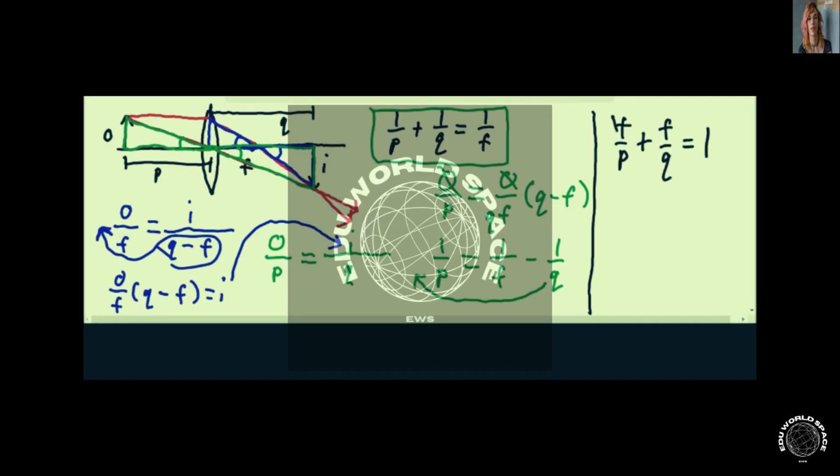Well, this term, when P is large, approaches 0, in which we can pretty much neglect it and then just times the remaining part of the lens equation by Q, and we're left with F equals Q.